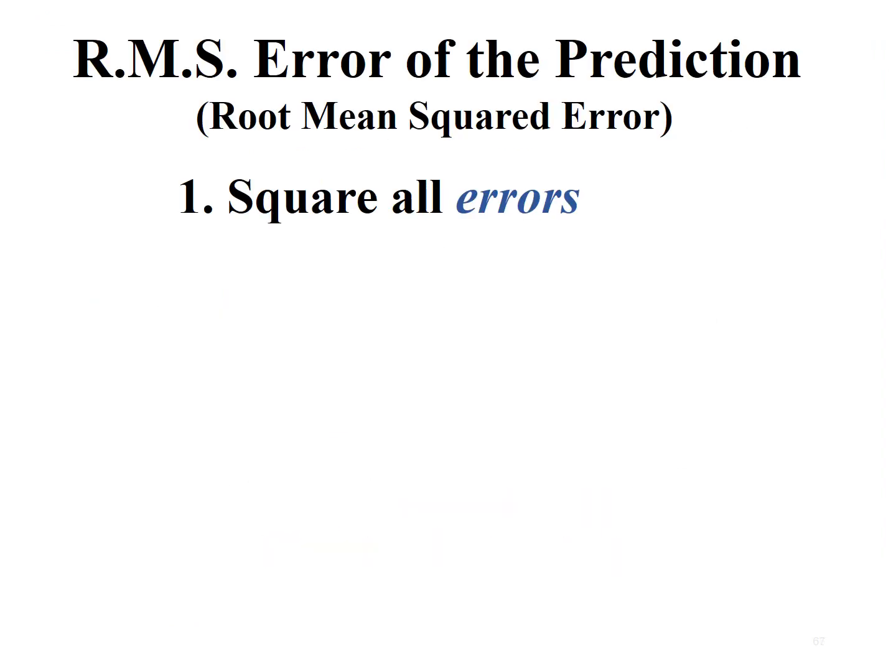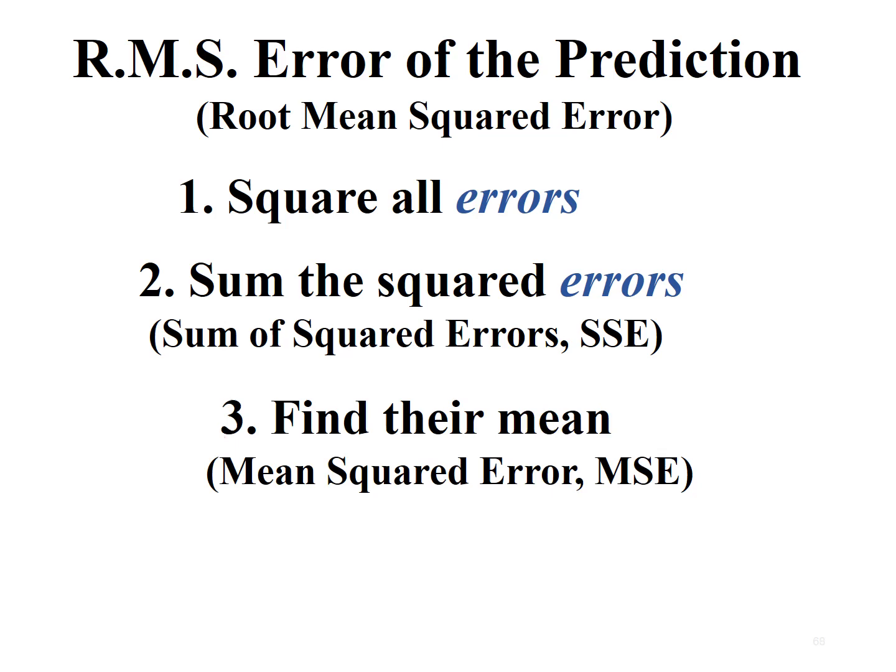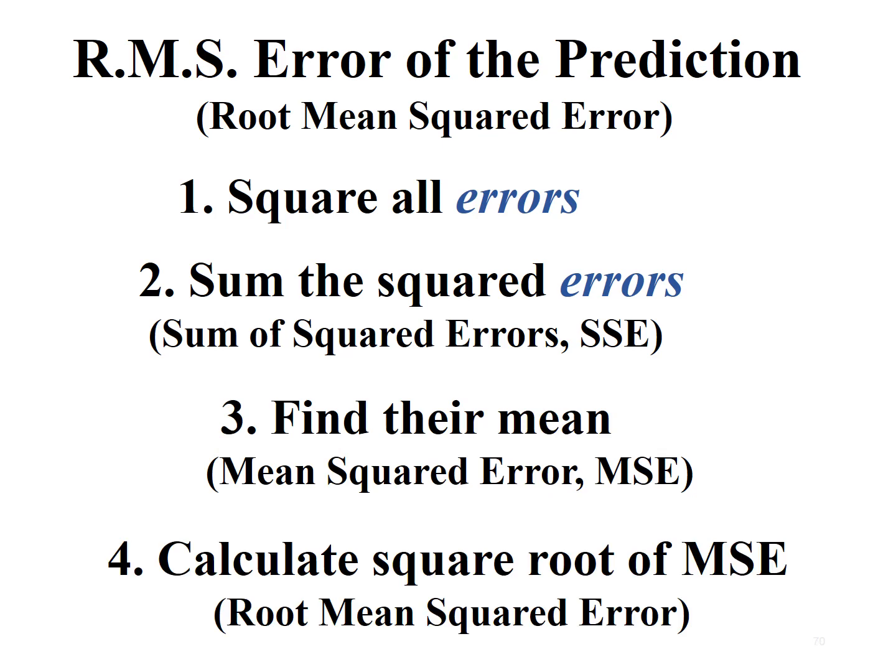So root mean square is squaring all the errors, adding up all the errors, finding their mean, and then calculating the square root of that mean.